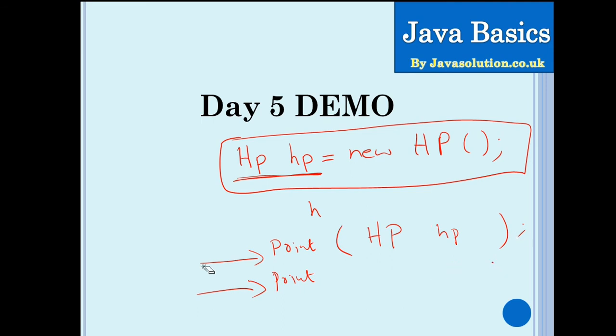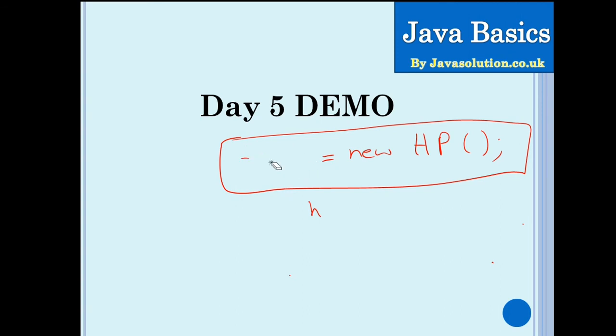So what polymorphism is: instead of creating an object like this, you say Printer my printer, and then you say HP printer, right?